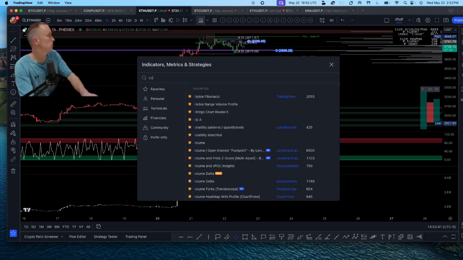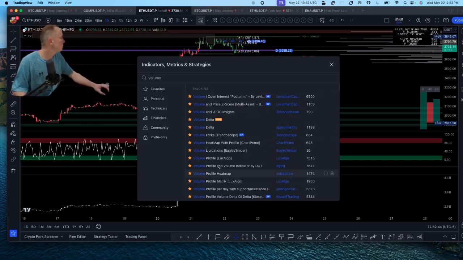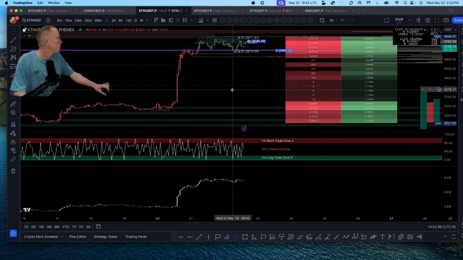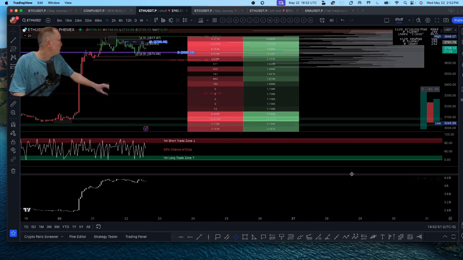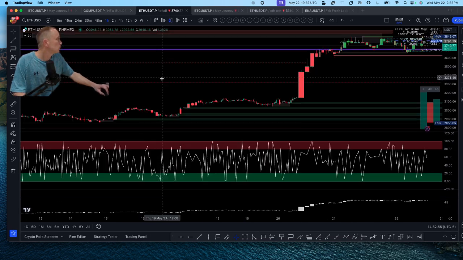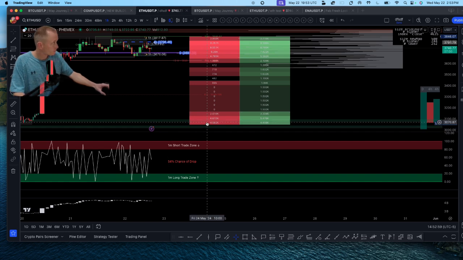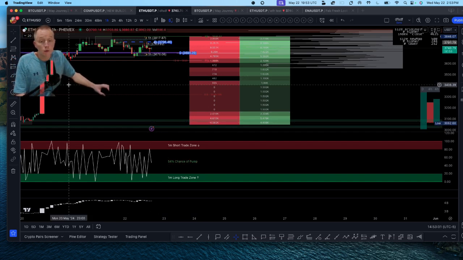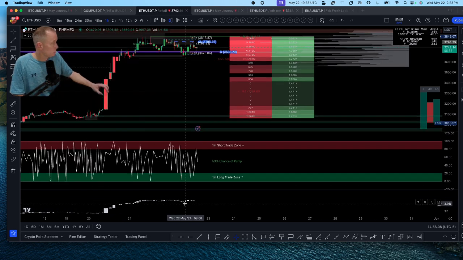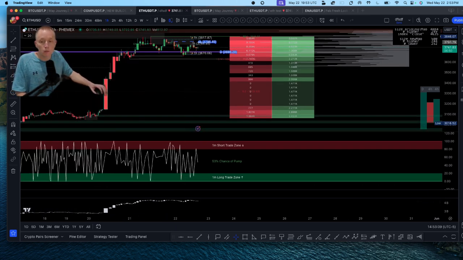Let's check our volume. Do we have volume increasing or volume decreasing? We have volume increasing, right? Very obvious. And we have open interest not necessarily increasing, but staying the same.